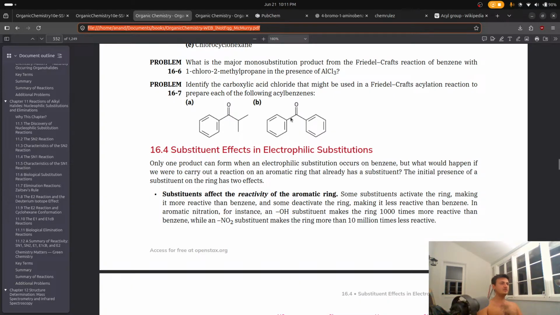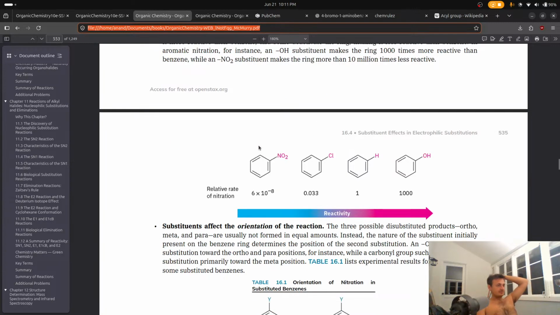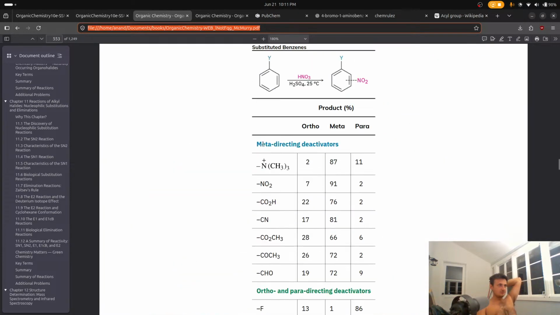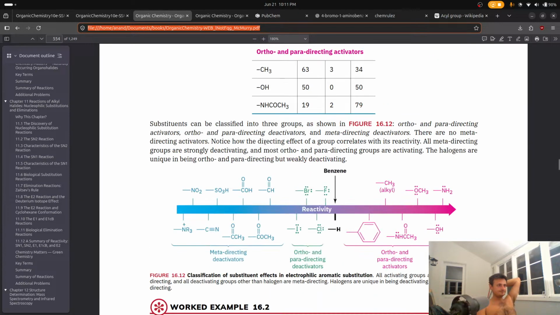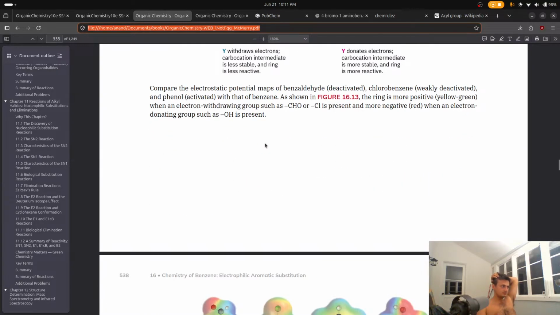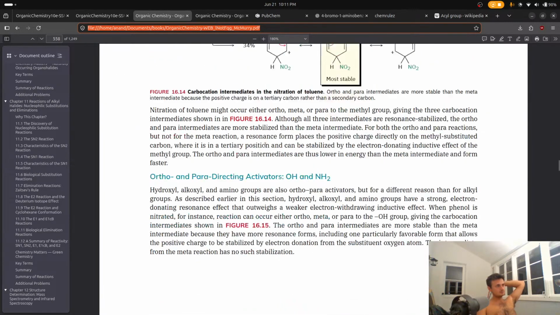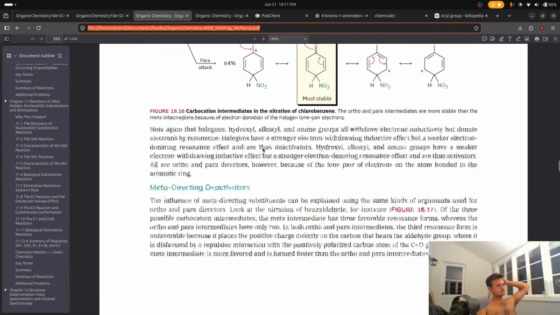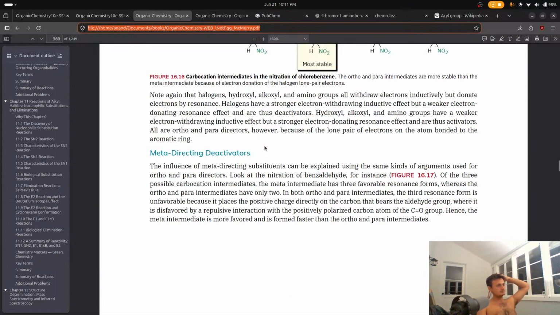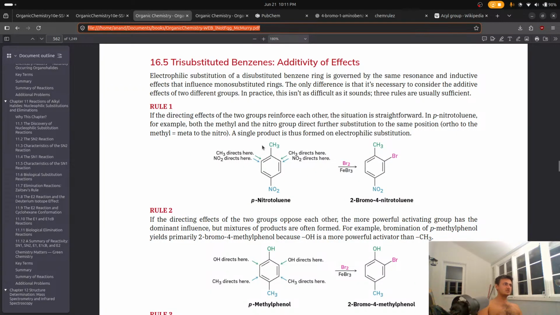Okay, so wait, to do this. Oh, I gotta go to the bathroom. Oh man, this is a long chapter. There's gonna be a lot of resonance forms to draw.